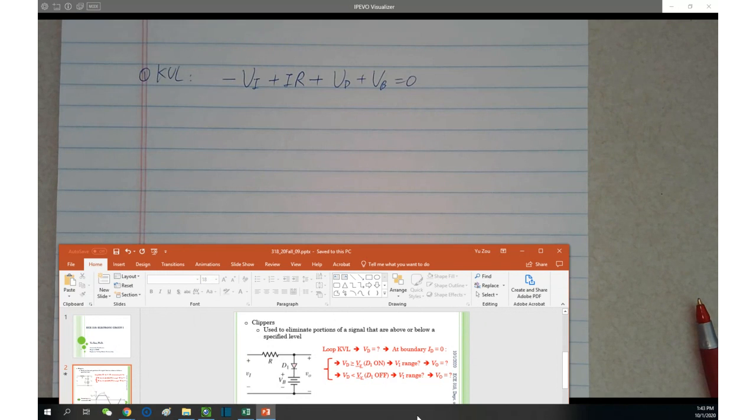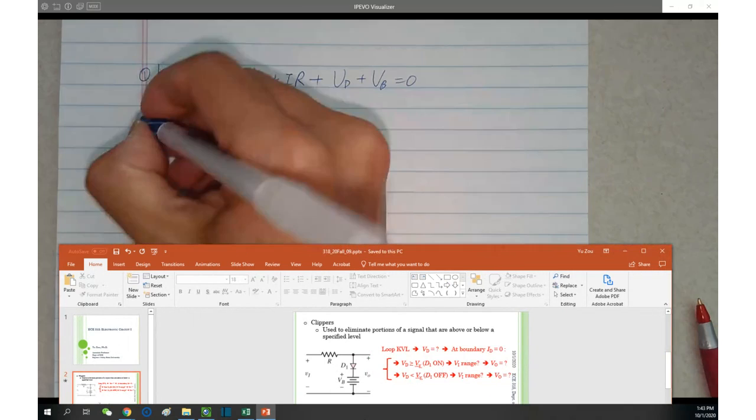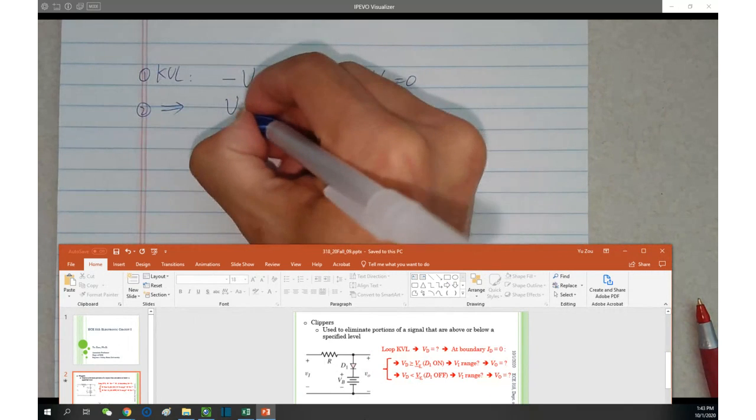Negative VI plus the voltage across the resistor plus VD plus VB equals 0. Right? This is the KVL. From this KVL, be very careful. We are deriving VD.